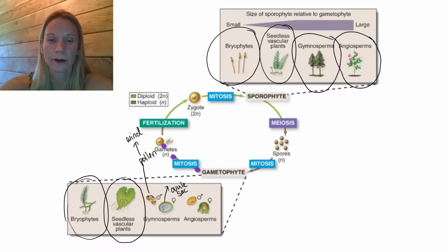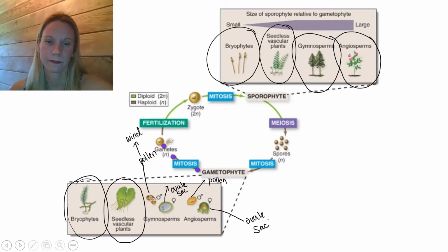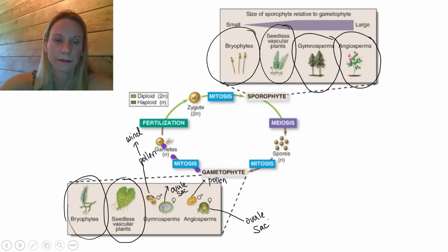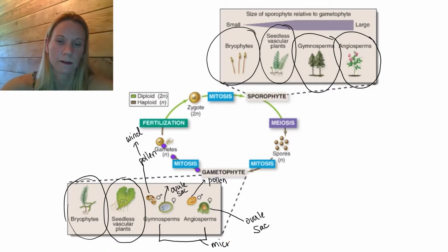In the angiosperms, very similar, looks a little bit different, but the pollen, again, is the male gametophyte, and the ovule sac is the female gametophyte, both of which are microscopic. Very, very small.